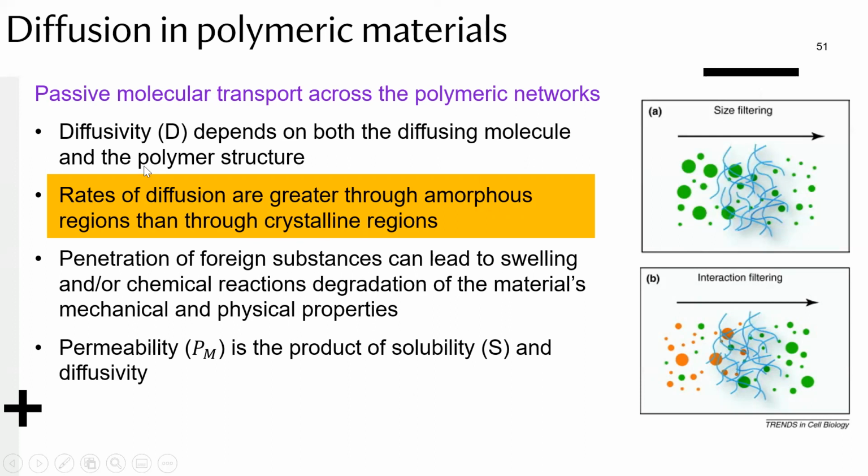So now that we know what diffusivity is, D here, let's talk about permeability. Now, permeability is again very similar to diffusivity with a tiny difference. Permeability is the ability of these molecules to permeate through this, okay? So it depends not only on diffusivity, which is how fast they can travel through and the mobility through this network, but also on solubility.